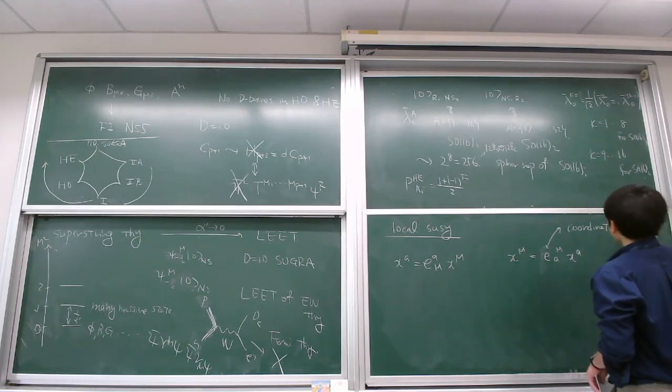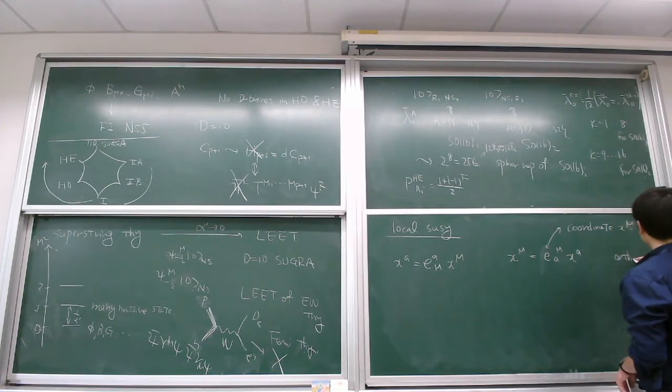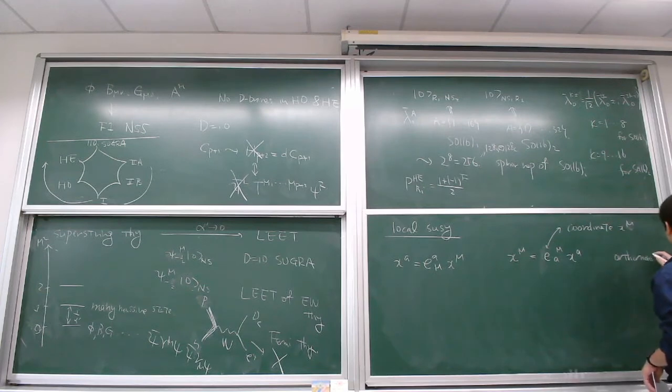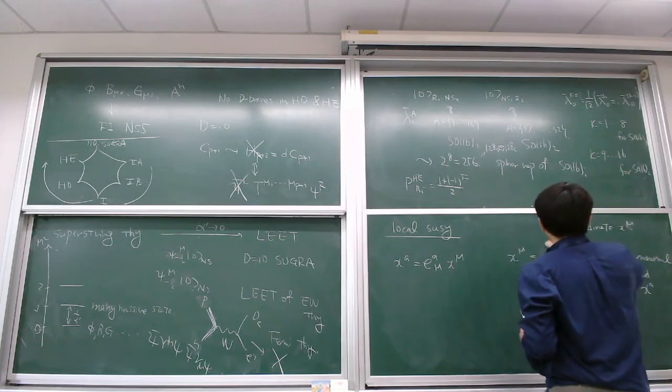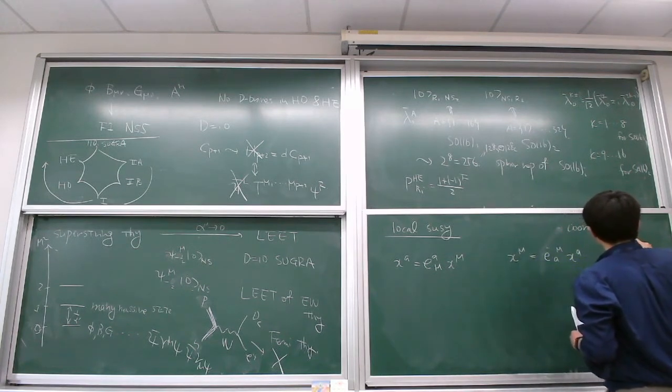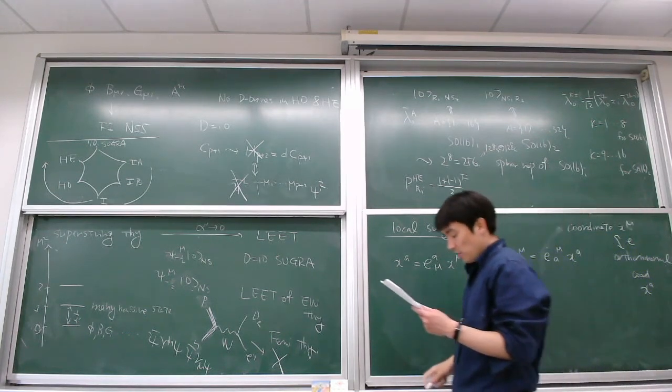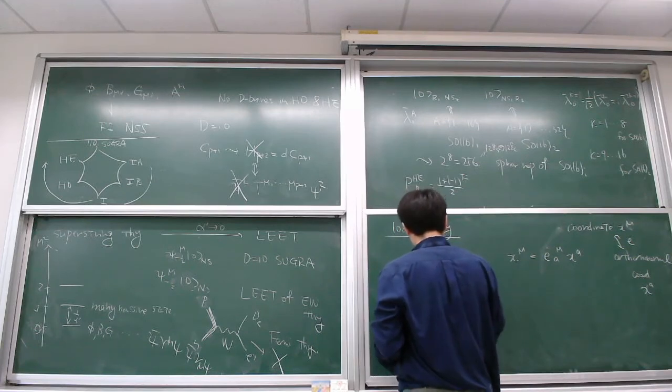And then x^m and the orthonormal coordinate x^a, it's just a coordinate transformation by e. So in other words, g_mn.